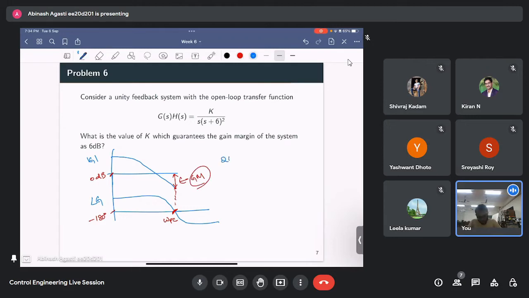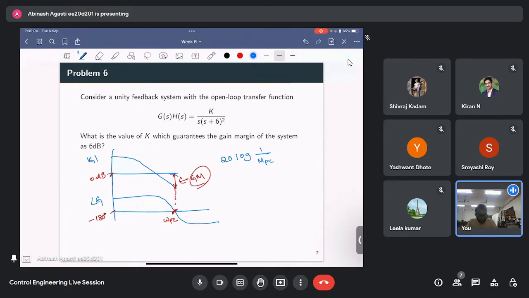So basically 20 log 1 by MPC. We are taking 1 by MPC because this value is actually negative, but we are taking it as positive. It is just a convention. Since this is 0 dB, this must be some negative decibel value, right?